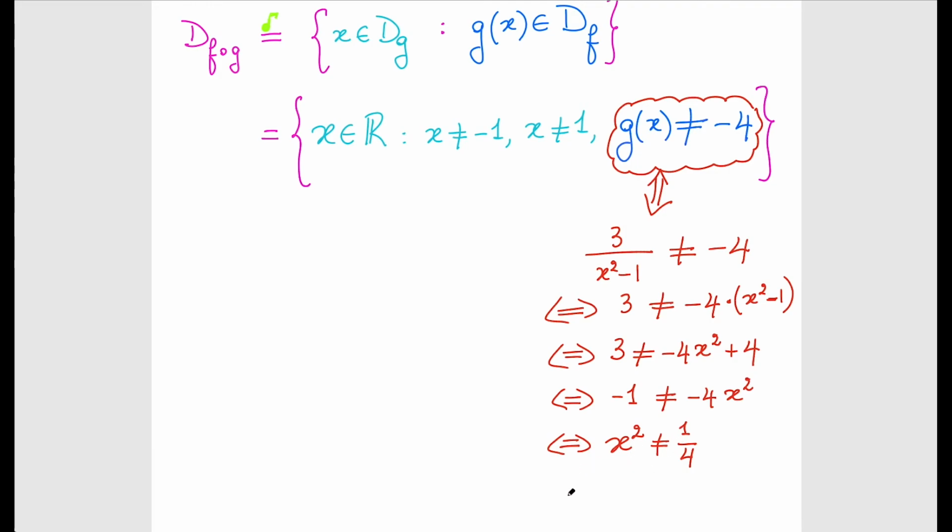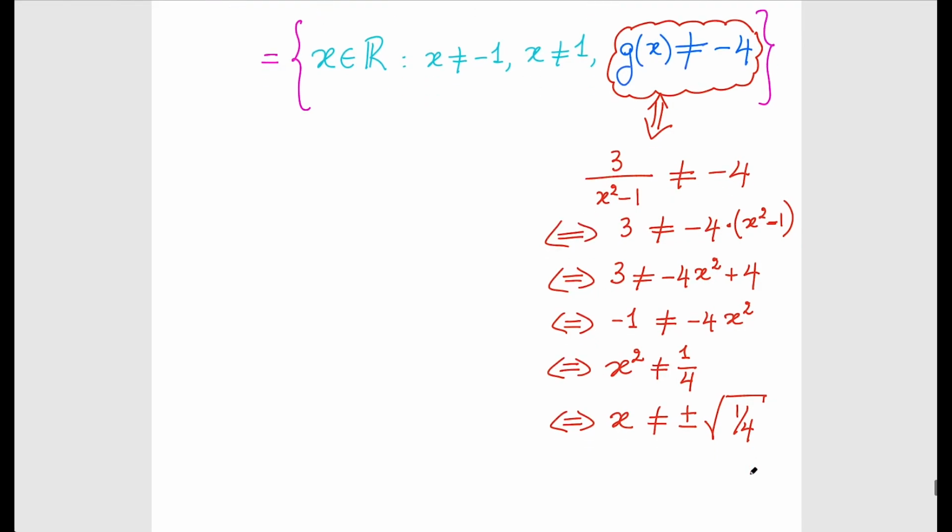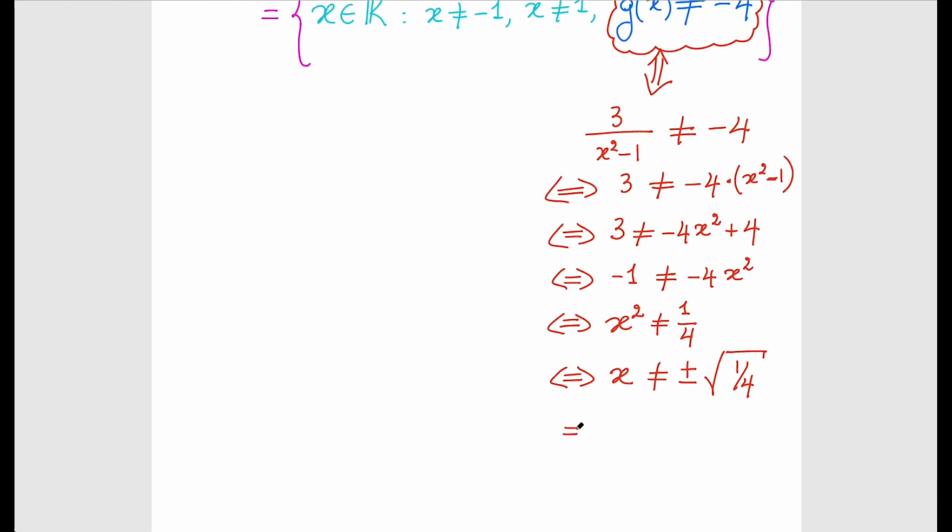And what does this mean in terms of x? This means that x should not be plus or minus the square root of 1/4, right? And what's the square root of 1/4? It's 1/2, right?